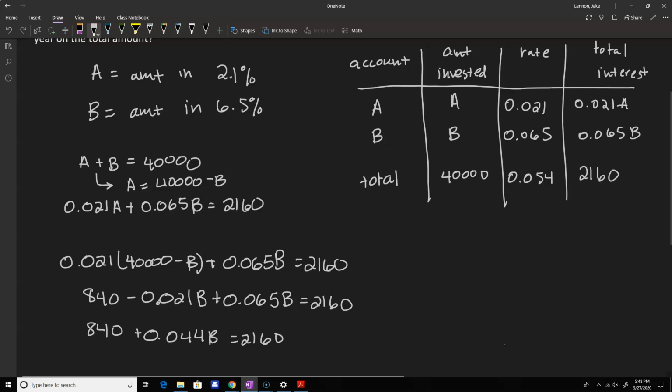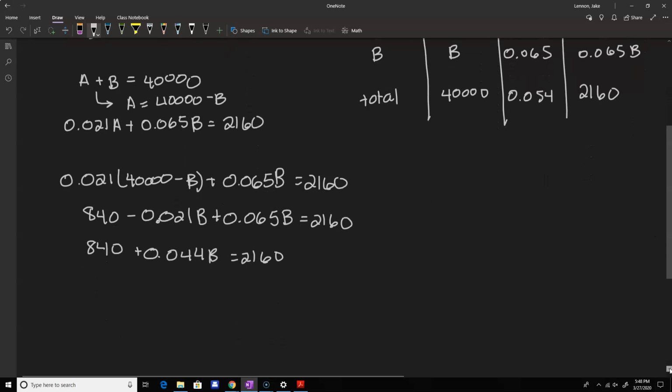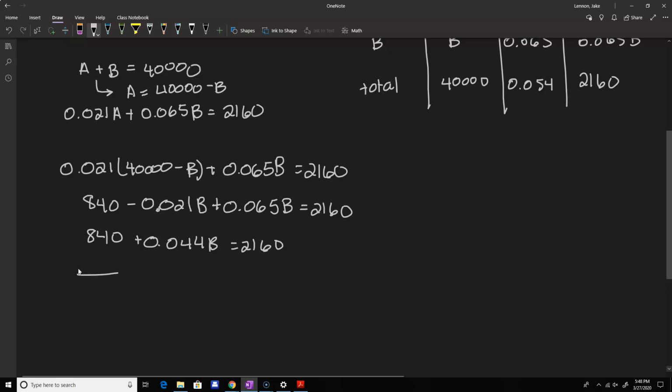And then we want to subtract that 840. So we end up with 0.044B equals 1320.